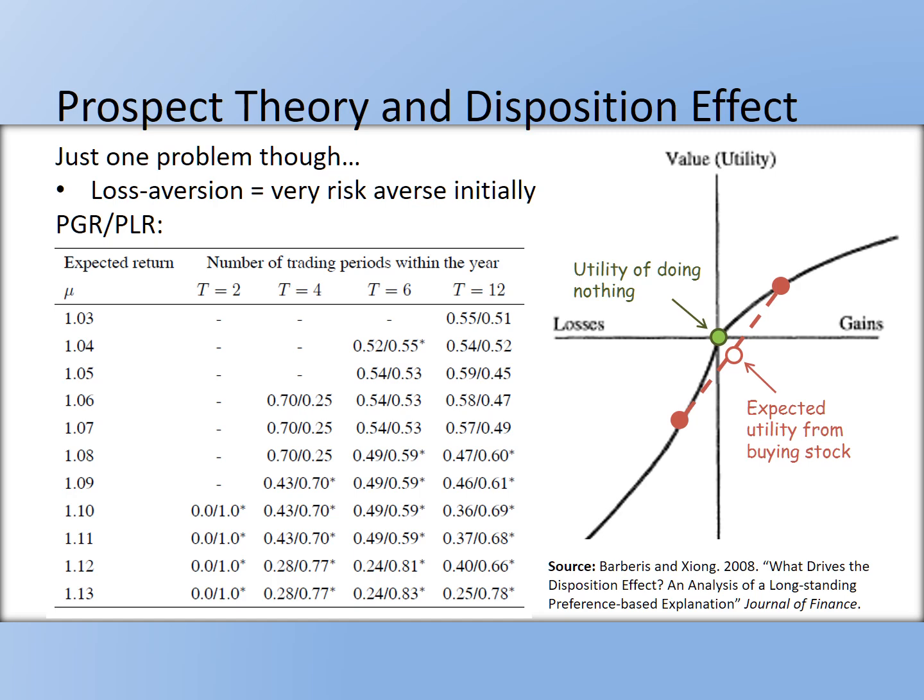What you can see is that, let's say this is your expected annual return, and this is the number of trading periods within a year. When the return is low, you actually don't get any trading.